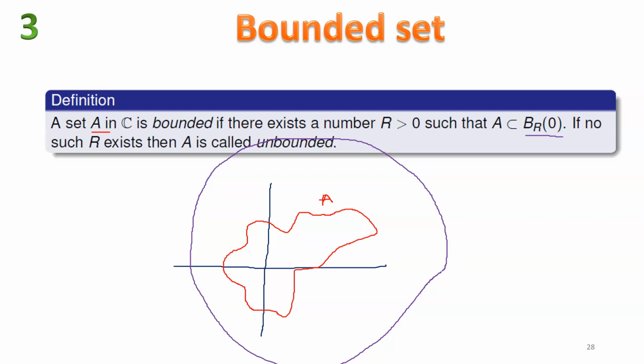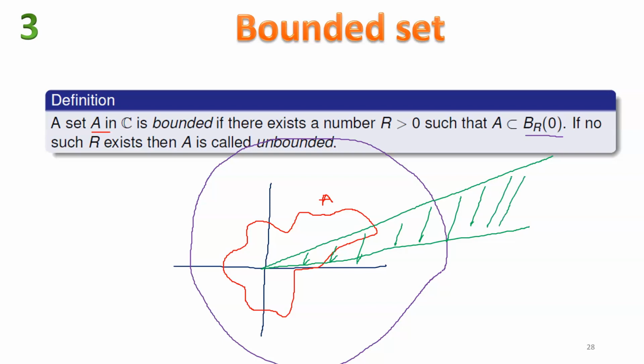Let us suppose that we have two lines having angular variation like this. So this set is unbounded. Now we cannot have a finite circle of radius r that will include this green region. So this set you can call unbounded, and this red one you can call bounded.